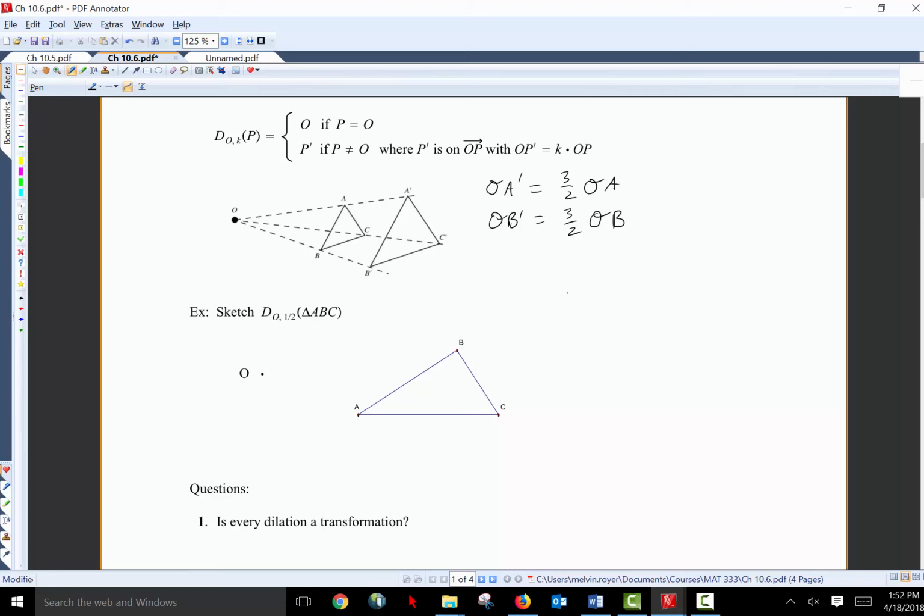So k, the proportion factor, needs to be a positive number, but nobody said that it had to be greater than 1. So I could talk about the dilation around point O, with a dilation factor of 1/2. And what would that look like? What would triangle ABC end up looking like?